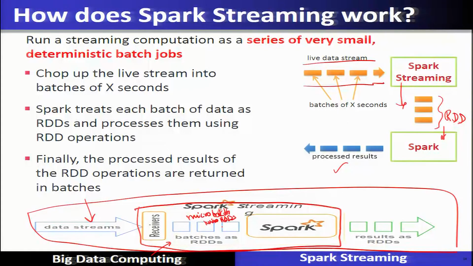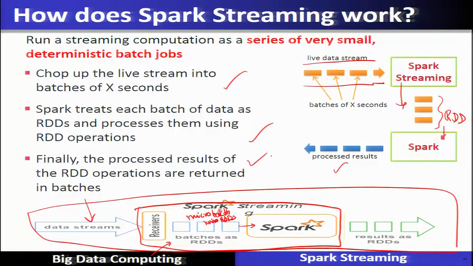After dividing into batches of x seconds, these micro batches will be given to Spark, and Spark treats each batch of data as an RDD and processes them using the different RDD operations provided by the Spark engine.